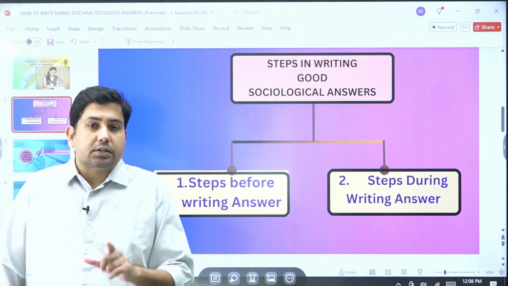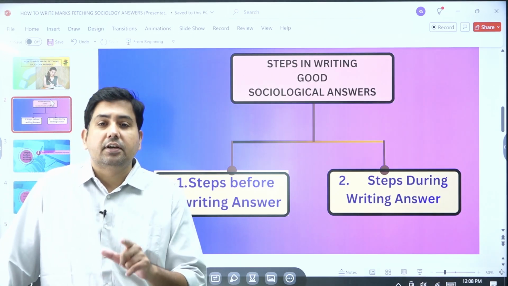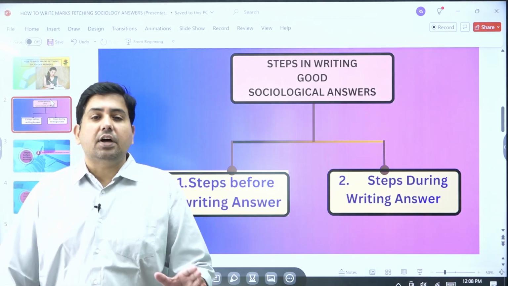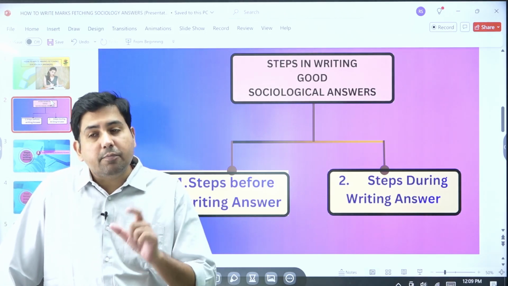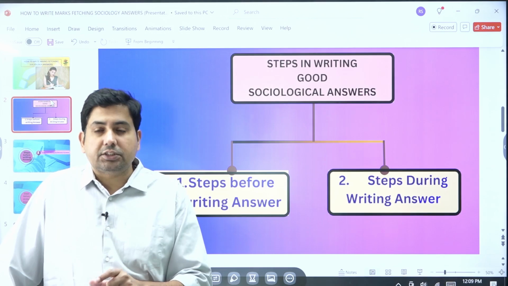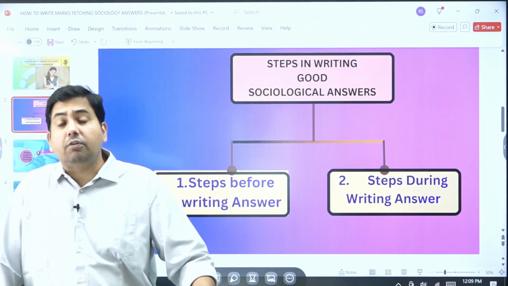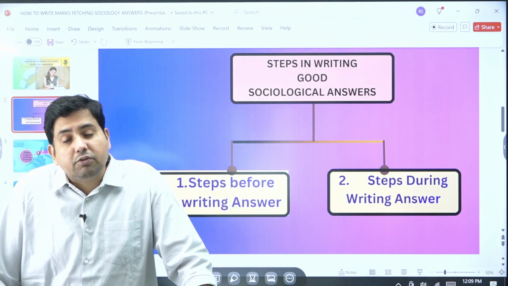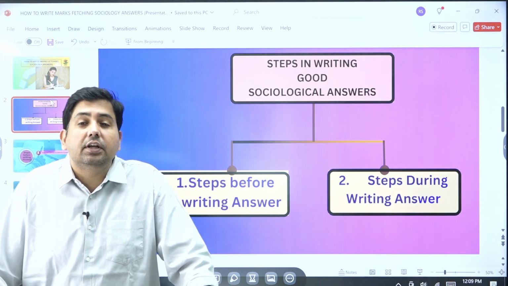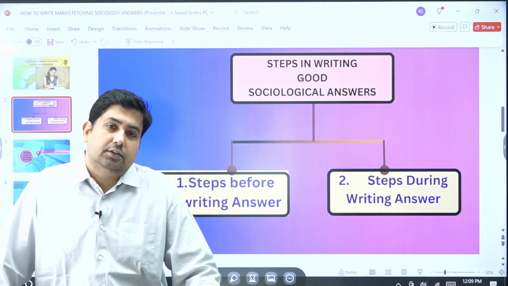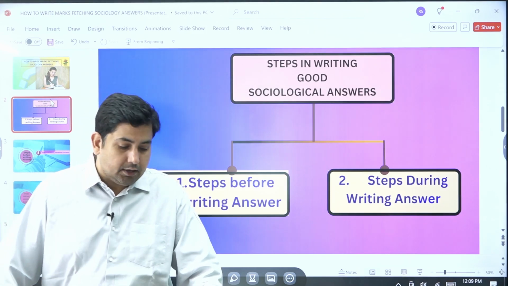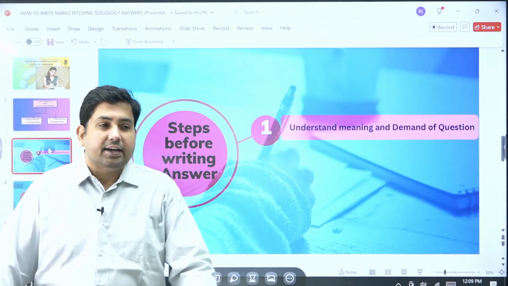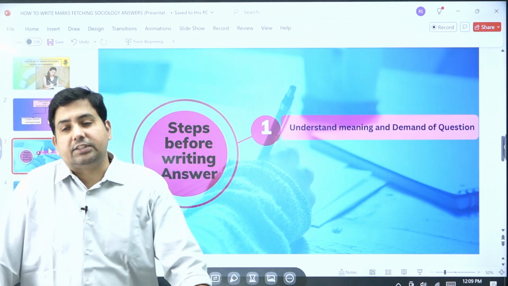The first important step in a marks-fetching answer writing strategy is that you must understand the exact meaning and the exact demand of the question, and you must fulfill the demand of the question. Clear now? So here, first understand the meaning and demand of the question.